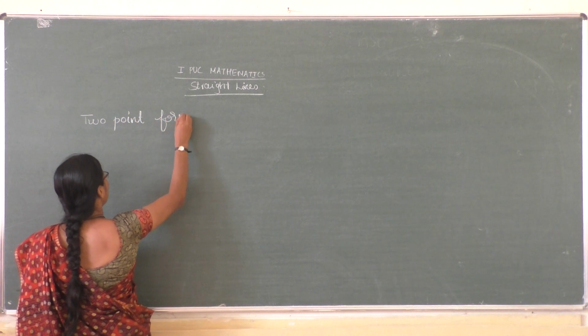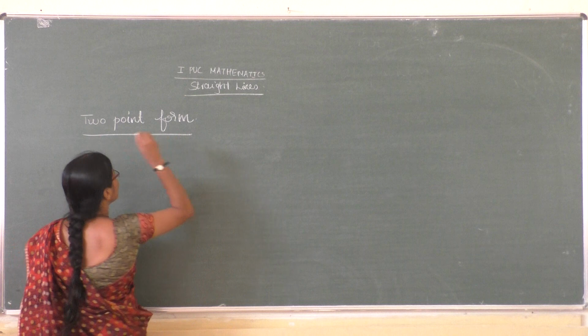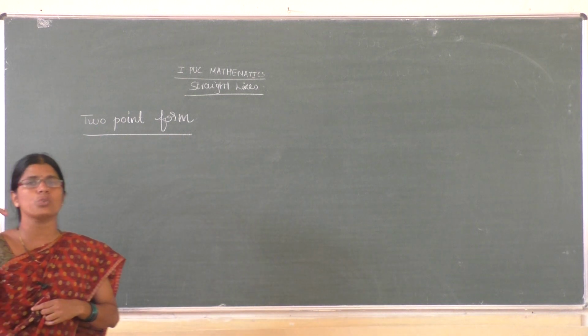2-point form. The name itself suggests that the line passes through 2 points.